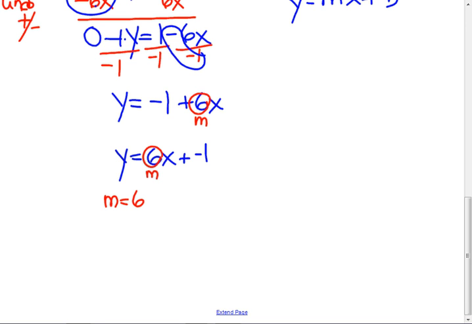And what's the y-intercept? Grant, what's b? Where do I begin? If you don't get it, then you have to really focus and pay attention. This is the y-intercept. This is where we begin, -1.